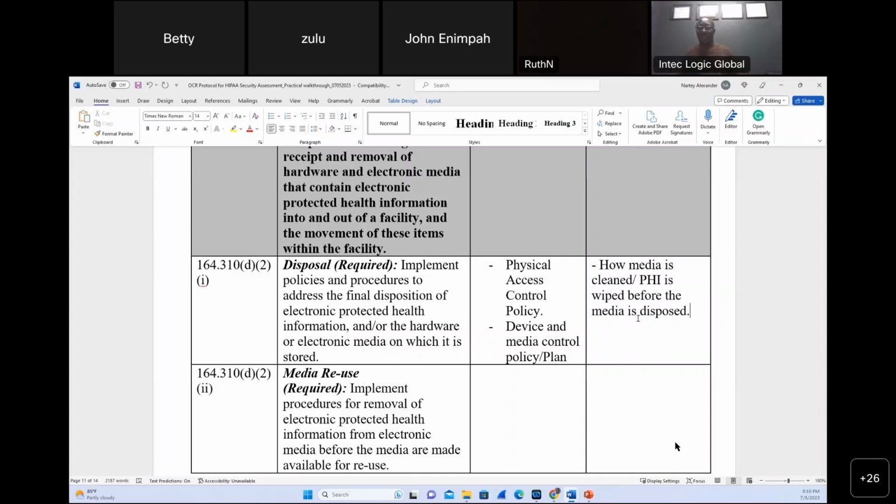That is the next one, right? So it's very, very important. Media is mostly the hard drive and the RAM in the computer. How do you clean it? How do you wipe it before you dispose of it?